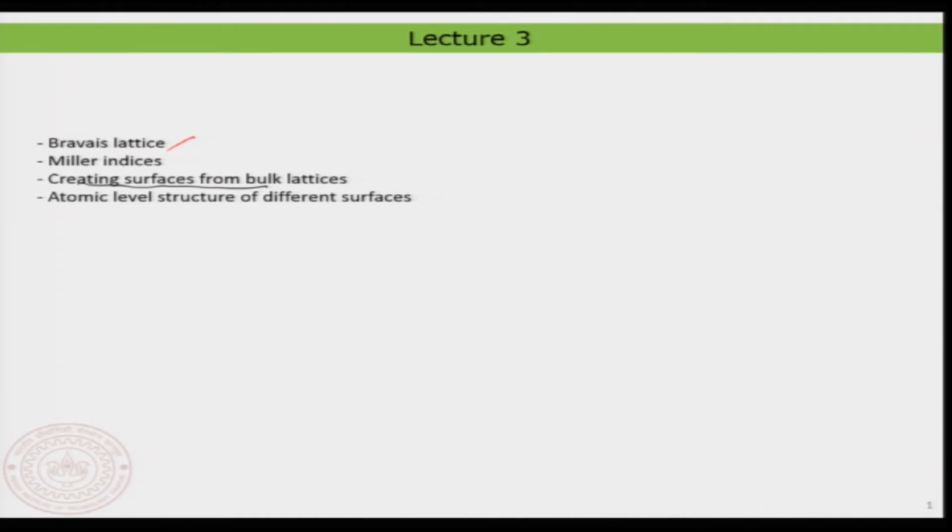We just have a quick look at it, and then we will familiarize something called Miller indices. This you might have studied already in solid state. We will have a quick look at it, and then we create using the bulk lattices. We would basically create the surfaces from different types of bulk lattices. And then finally, we will also have a look at the atomic structure of different surfaces.